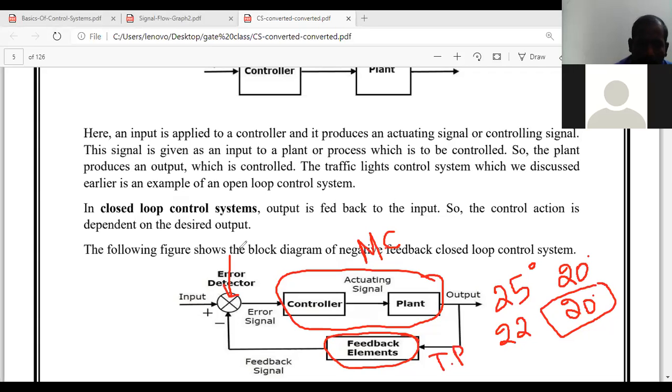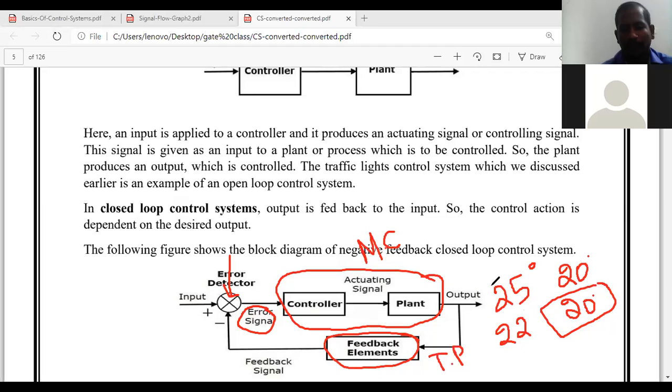If they are equal, the difference, the error signal, is 0, which means there is no error. No error means we will be getting the desired result. Is it right? Yes, sir. Good.